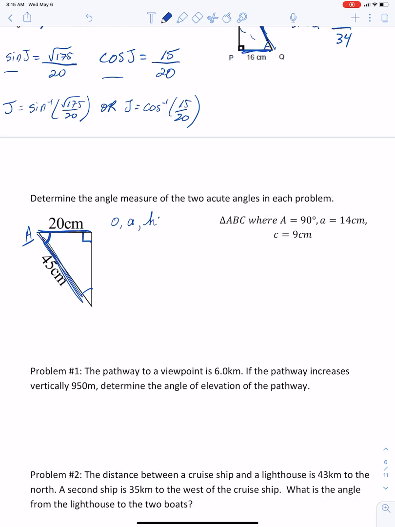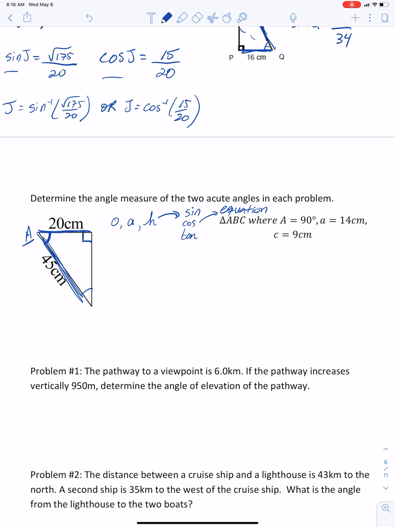And then after I decide that, I'm going to decide, am I going to use sine, cosine, or tangent? And then I'm going to make an equation. So think about that. Of opposite, adjacent, and hypotenuse, which two have we got? And then decide on which ratio we're going to use here.